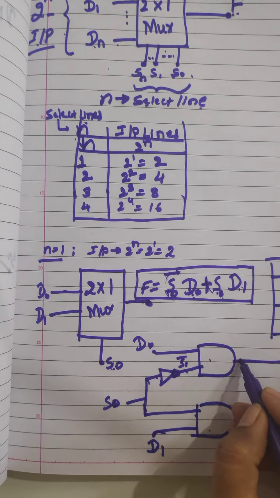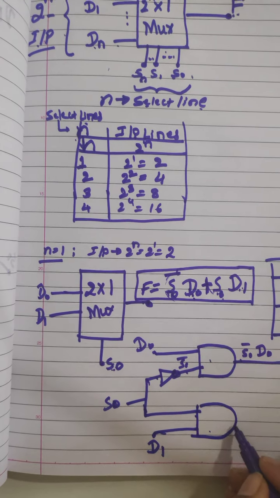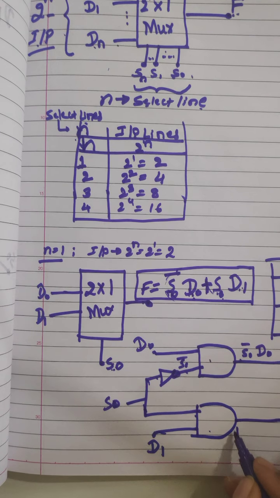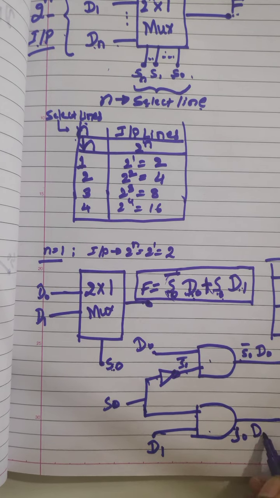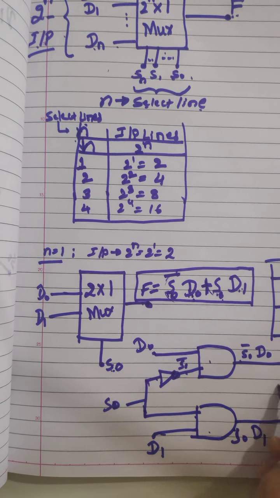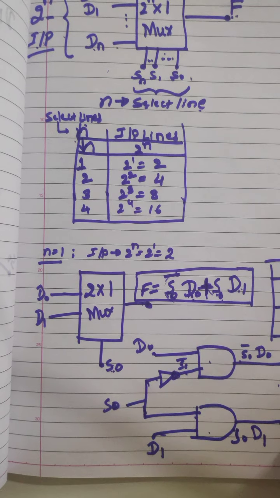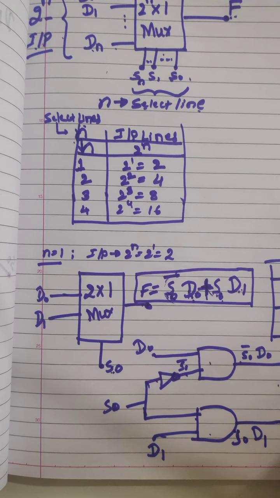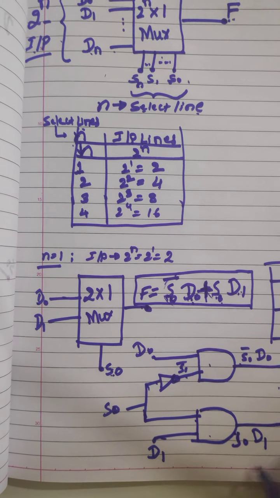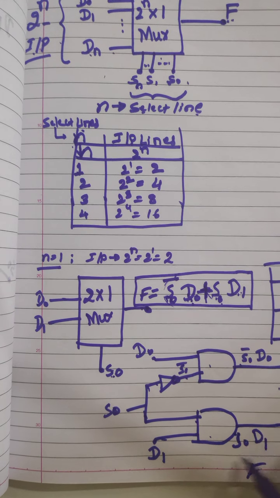So what is the output here? It is S0 bar D0. What is the output here? It is S0 D1. These two are combined together by this OR operation, so we put an OR gate here, at the output F. F is equal to this plus this.